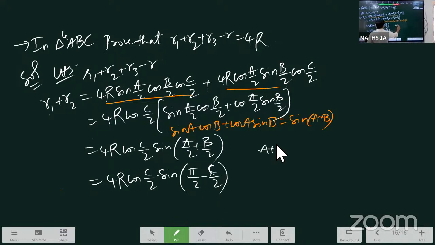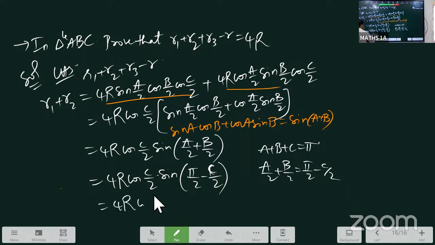Because in triangle A plus B plus C is pi, no? So A by 2 plus B by 2 is pi by 2 minus C by 2. So that is nothing but 4R cos C by 2 into sin 90 minus theta, cos theta. That is 4R cos square C by 2. Keep it like that. So R1 plus R2, I got it.